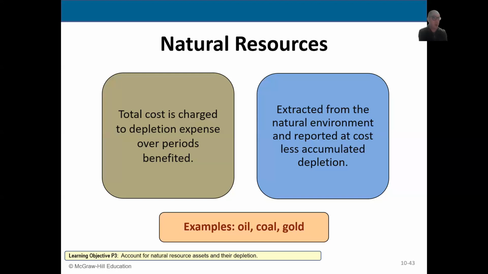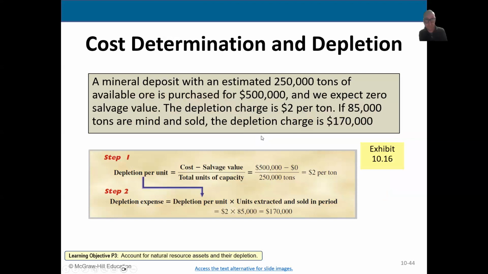So the companies charge the cost of depletion. They extract the natural resources and report it at cost less accumulated depletion on the books. So here's what it looks like. A mineral deposit. The company mines for minerals.